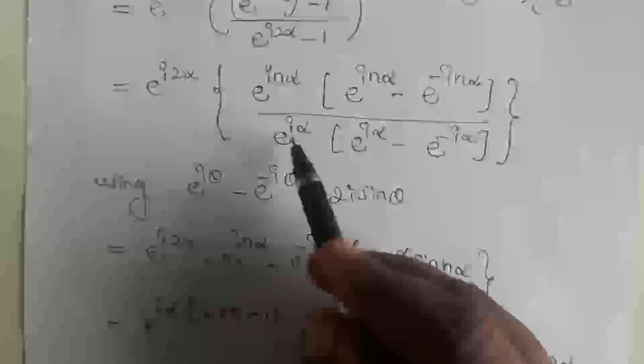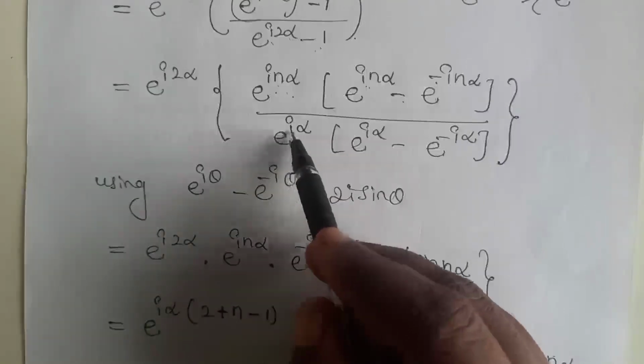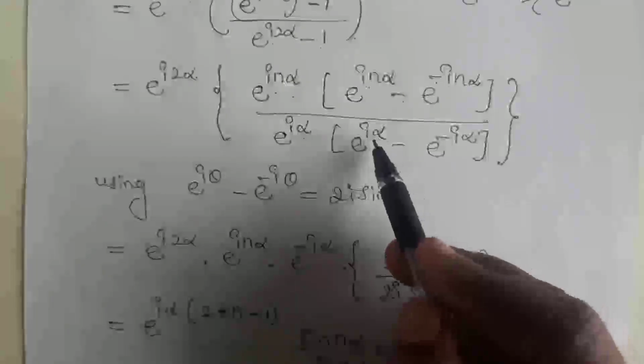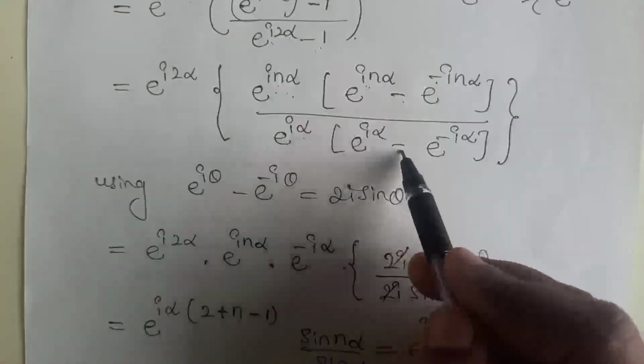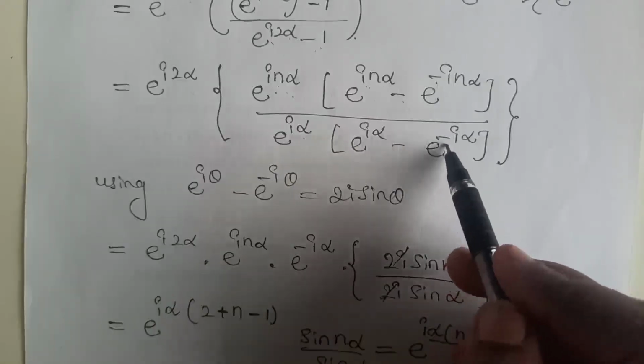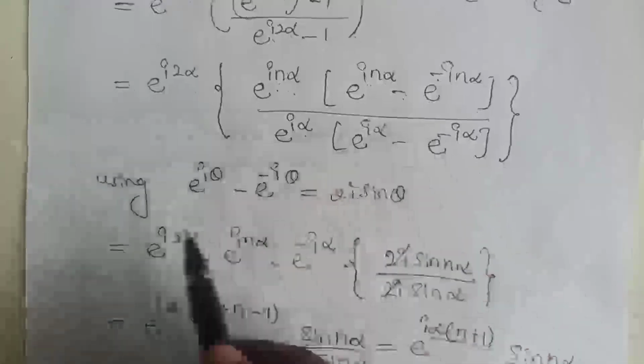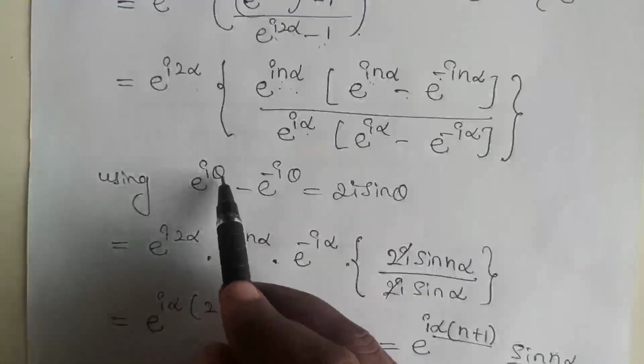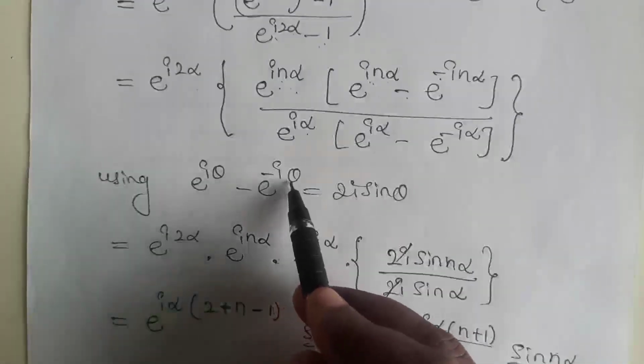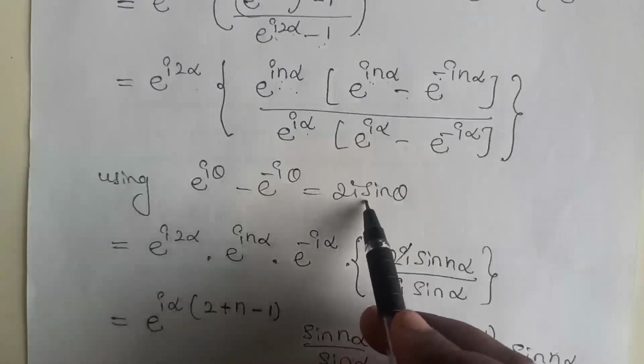So same in the denominator also, e raised to iα taking common, we get e raised to iα minus e raised to minus of iα. Whatever this angle, we get the opposite of that one. So again using the e raised to iθ minus e raised to minus iθ formula, we get 2i sin θ.